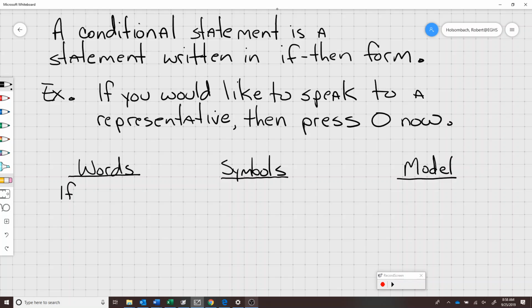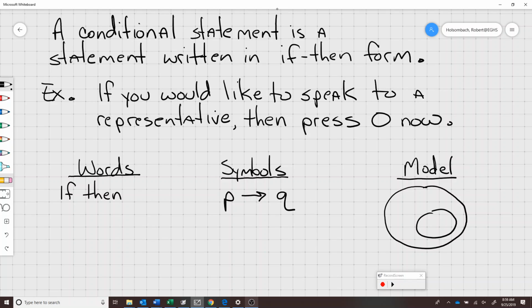This is going to be if-then. The symbol for an if-then statement is P, arrow, Q. The model. It's a Venn diagram. With the Q in the big circle, the P is inside of that. That's P, arrow, Q.